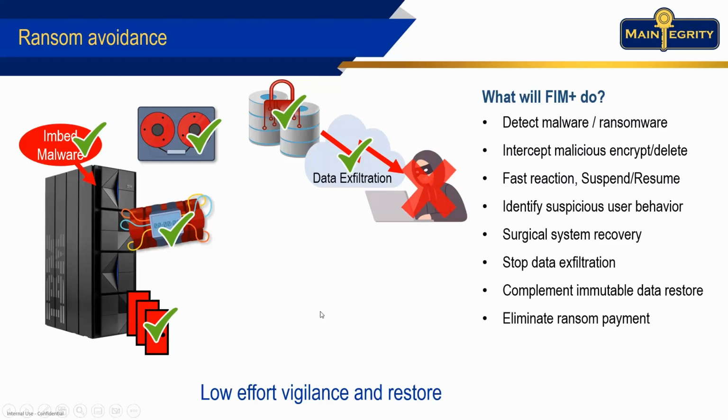common attack vectors that ransomers use. FIM Plus itself, because it can detect changes that are not coming through your production deployment environment, can detect where the backdoors are. It can detect where the time bombs are. It can protect your conventional backups. The encryption that takes place against databases can be detected in the early stages and prevented from proceeding.